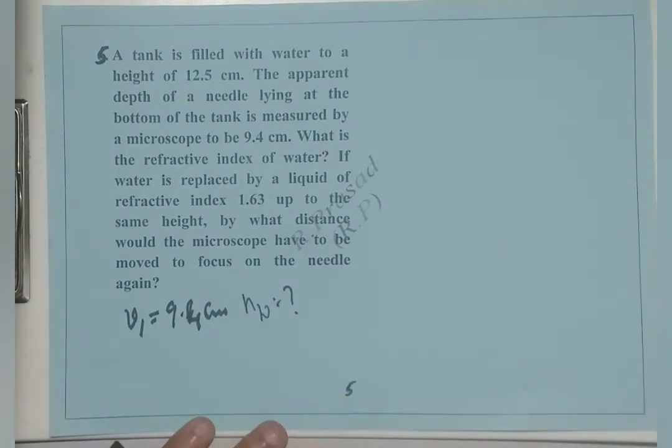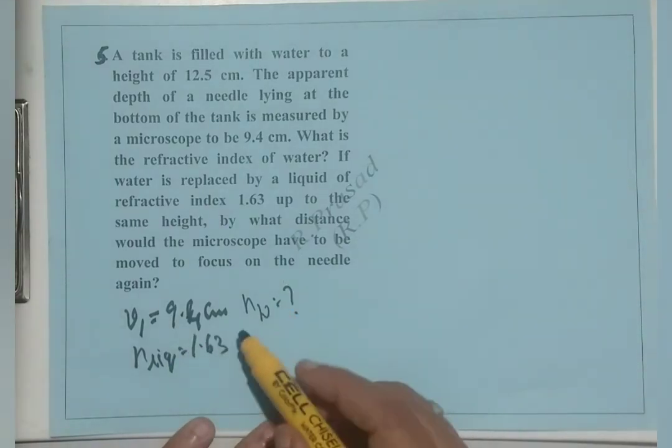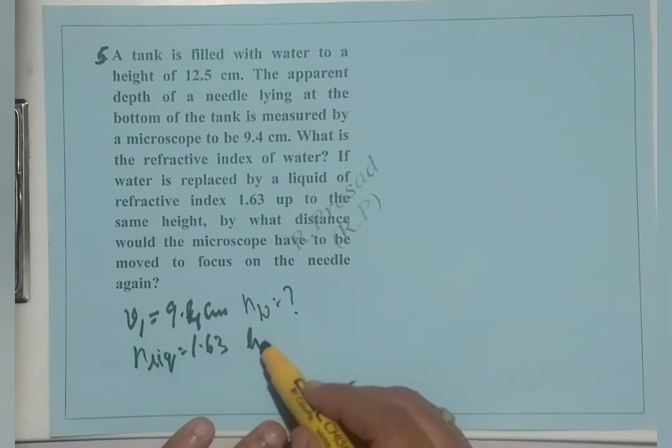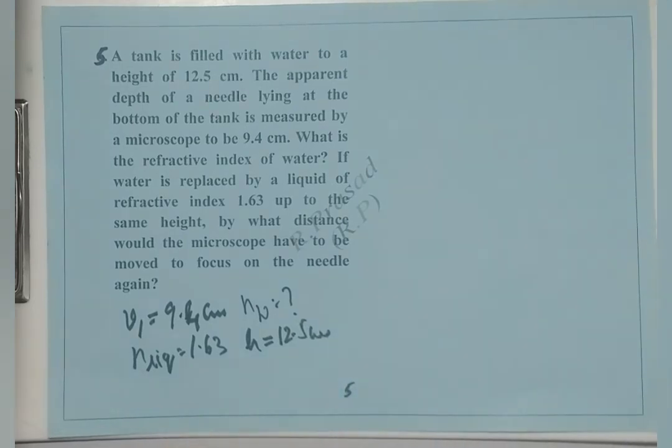If the water is replaced by a liquid of refractive index, that is N liquid is given 1.63, up to same height. That means the height of the water or liquid is 12.5 centimeter.